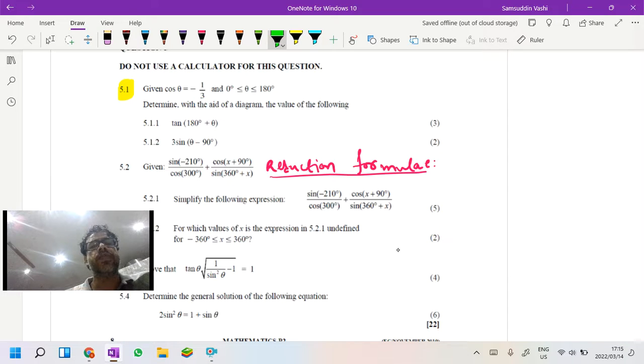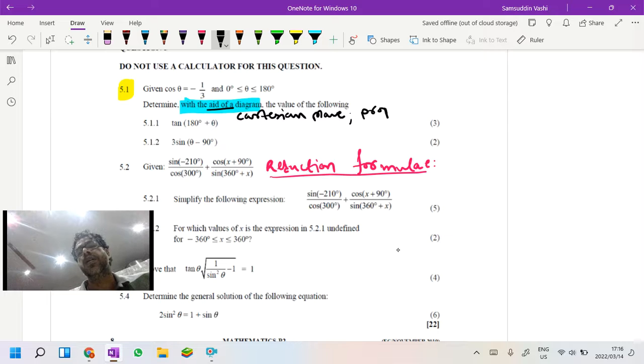Right? So if I see the first question, when I read further, it says without the aid of diagram. Without the aid of diagram means by using, with the aid of diagram. It means I'm going to draw a Cartesian plane, and on that Cartesian plane we'll find a proper quarter.